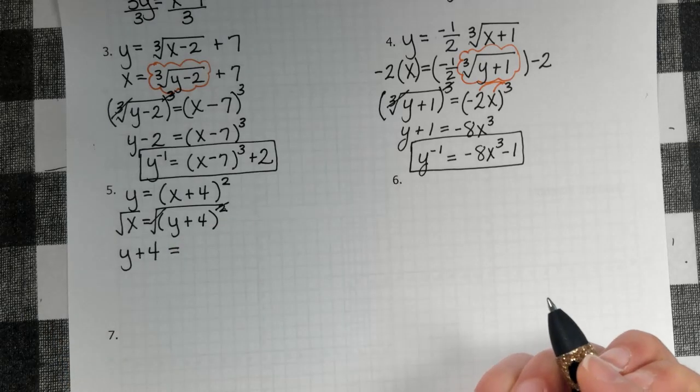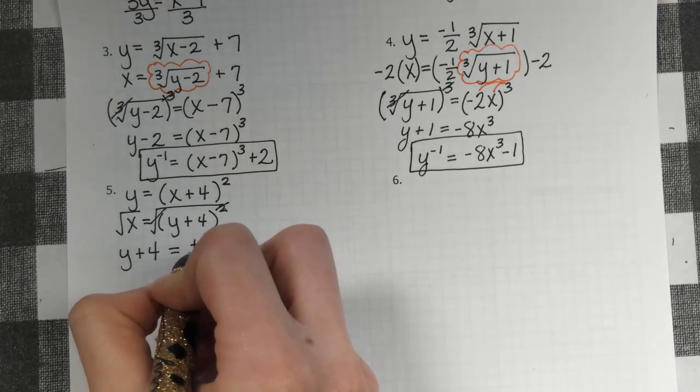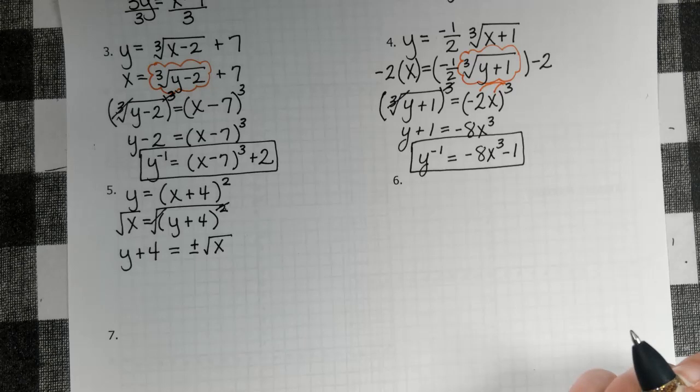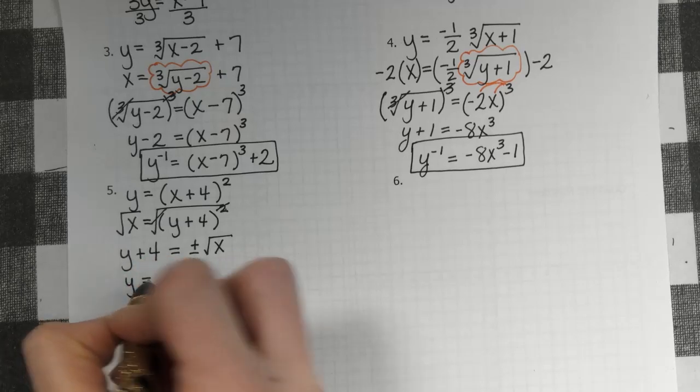Now, when you take the square root of anything, what do you always have? A plus or minus. So that gives me plus or minus square root of x. And then subtract your 4, so y equals.